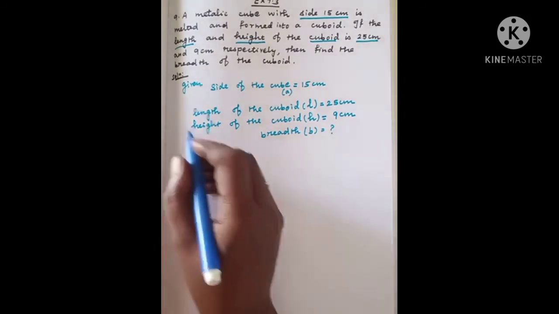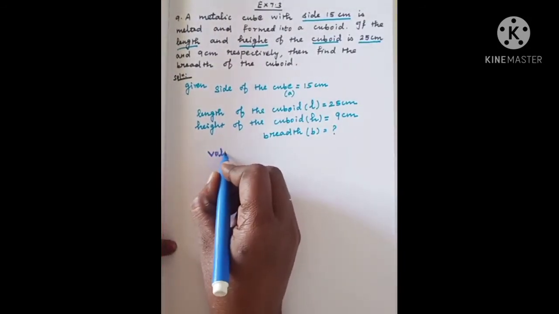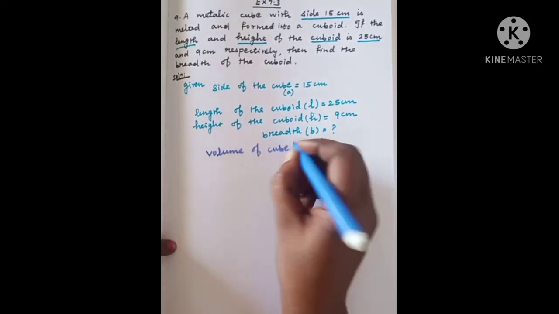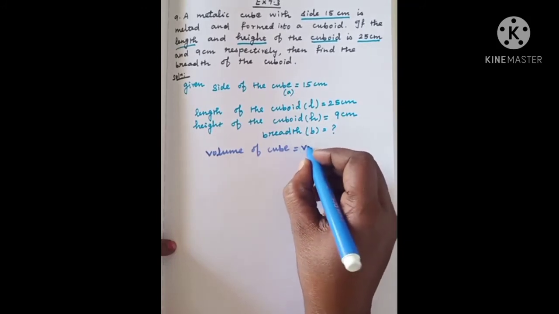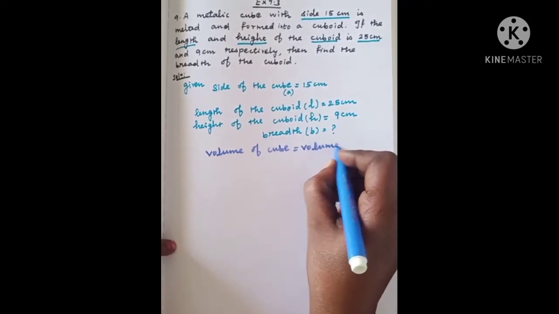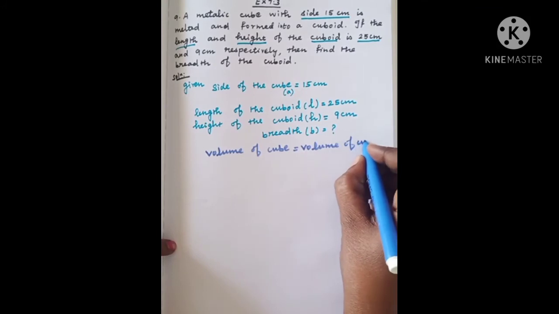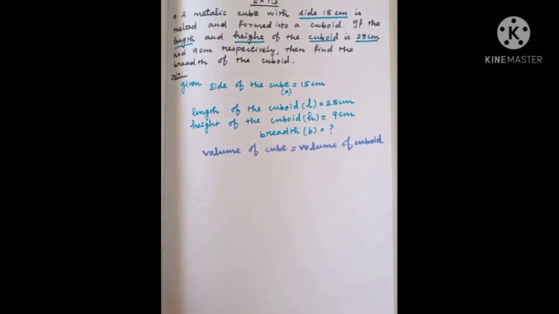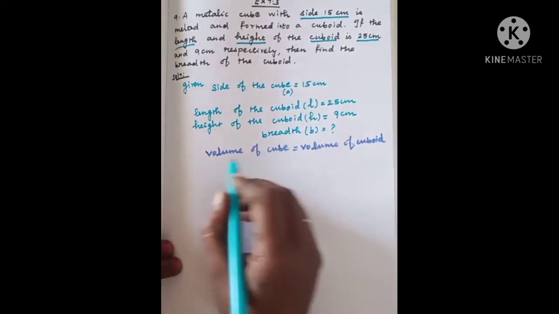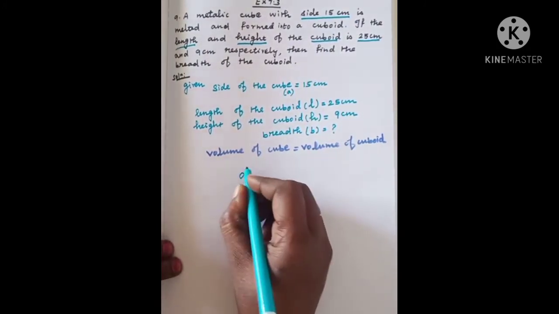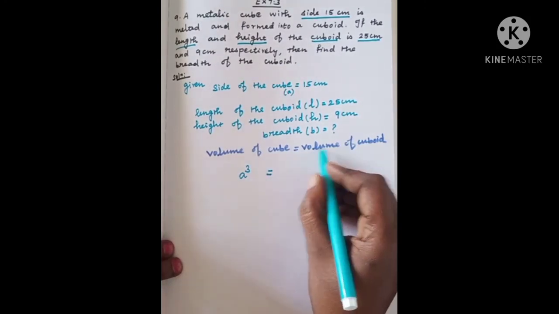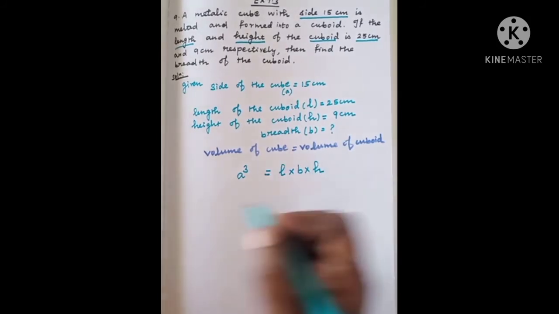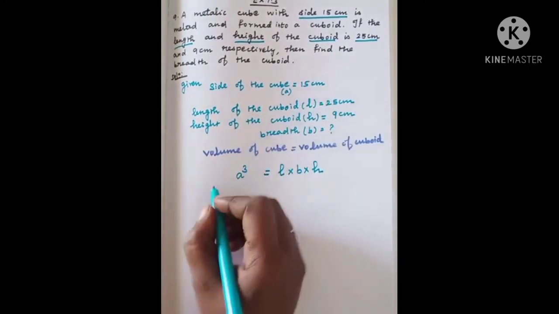Also in this problem they are given the volume of cube is equal to volume of cuboid. So you know the formula to find volume of cube, which is A cube, equal to volume of cuboid, which is L into B into H. So A is given as 15.